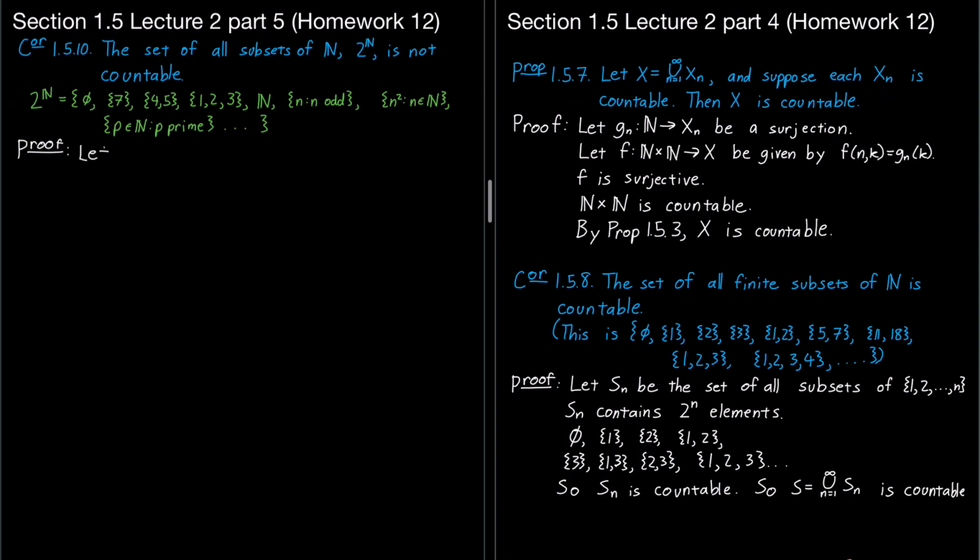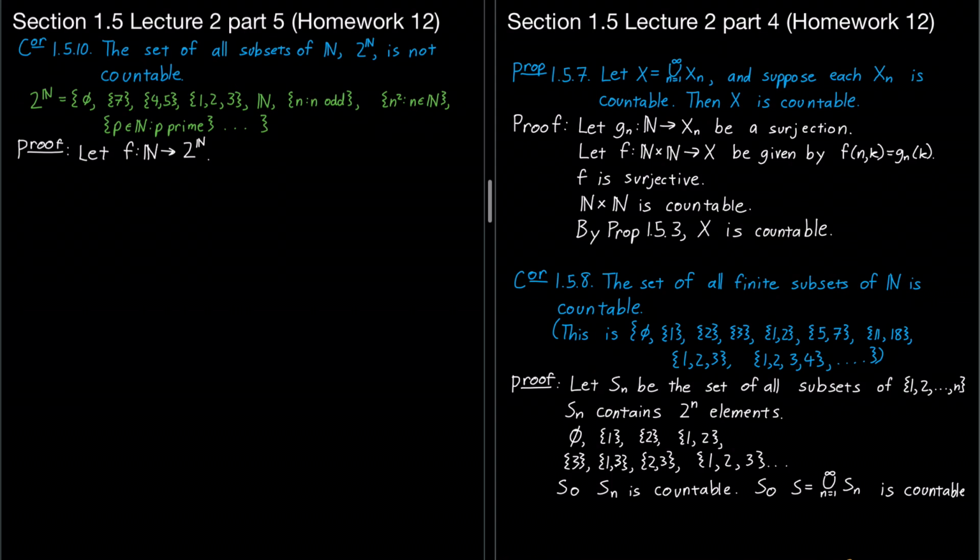And so let's go ahead and prove this. Let f be a function whose domain is N and whose range is the power set, the output 2 to the N. So perhaps f of 1 is the empty set, perhaps f of 2 is the singleton set 7, f of 3 is the doubleton 4, 5, f of 4 is 1, 2, 3, f of 5 is all the natural numbers, f of 6 is the odd numbers, f of 7 is the squares, and so on.